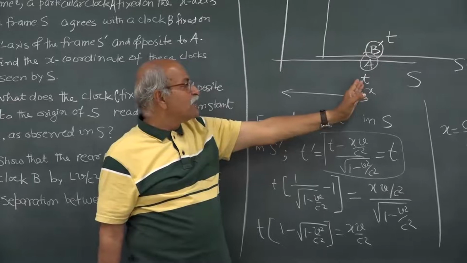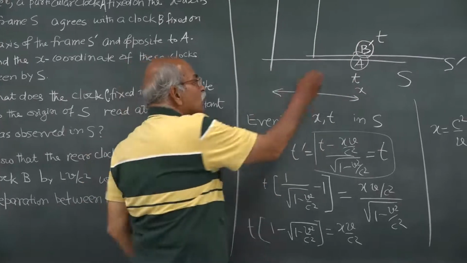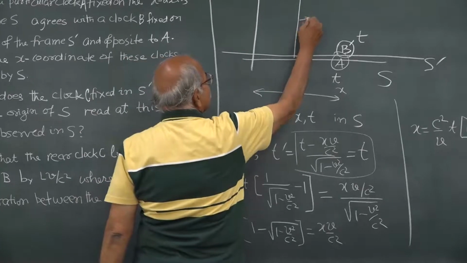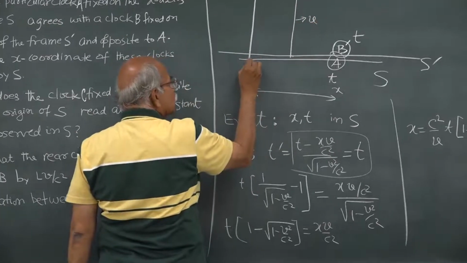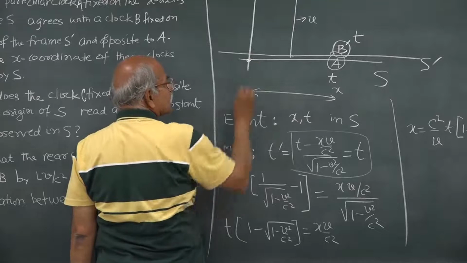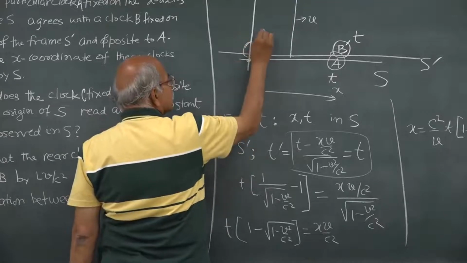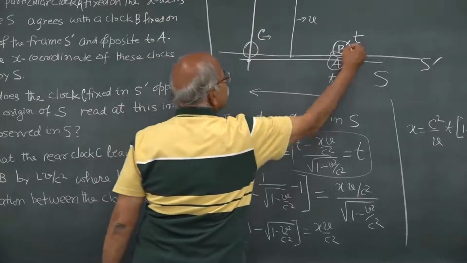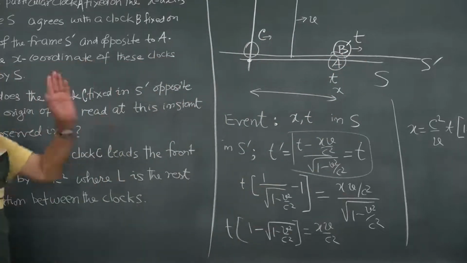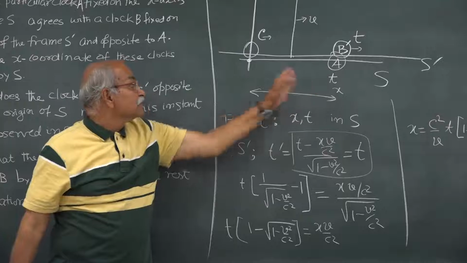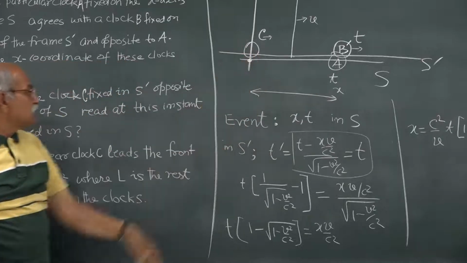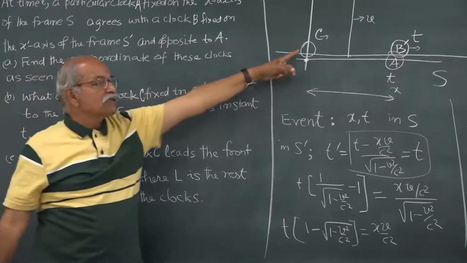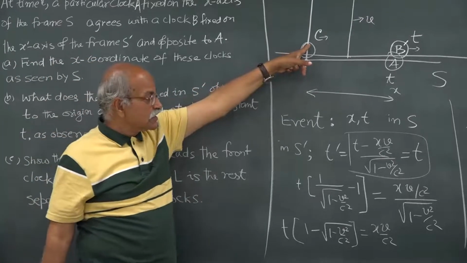At the same time t there is some clock of S prime which is opposite to the origin. This is the origin of S. So there is some clock here, C. They are all moving, but at this instant t this clock is opposite to the origin, and the question is, how much does this clock read? So this is the question.